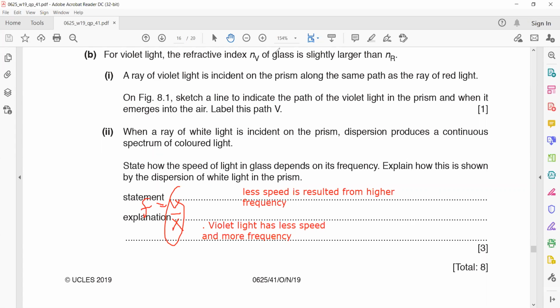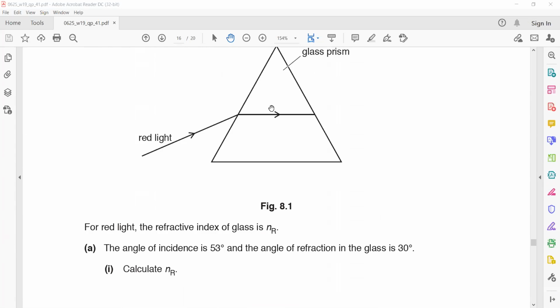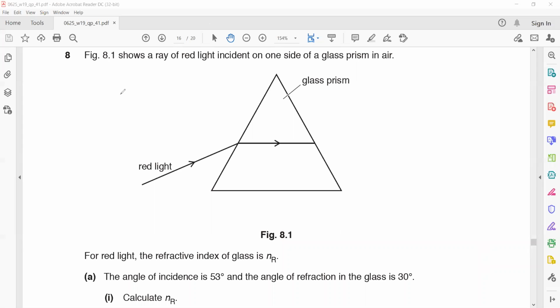Yes, f is not changing, but when you are comparing in the beginning, white light is a combination of violet, indigo, blue, green, yellow, orange, and red. Violet from the beginning has a high frequency, and red from the beginning has a low frequency.